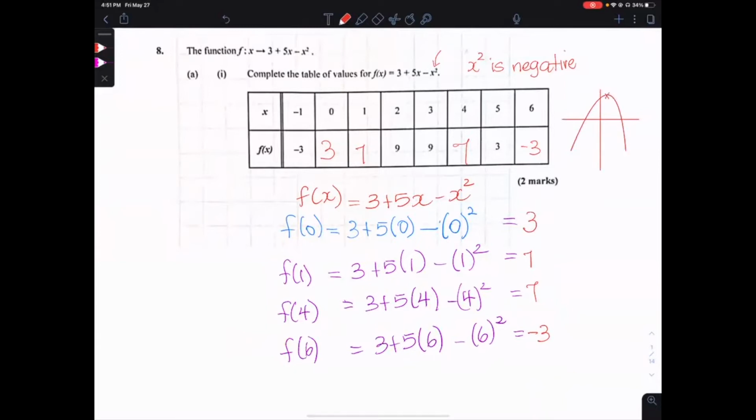And this point here is going to be called a maximum point. So x squared is negative, so we have a maximum curve. So take that down, we want to point out that.